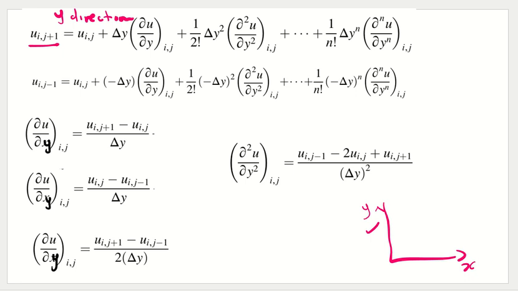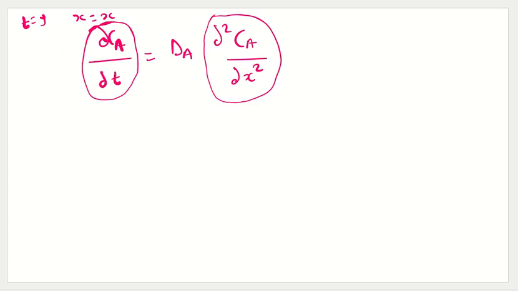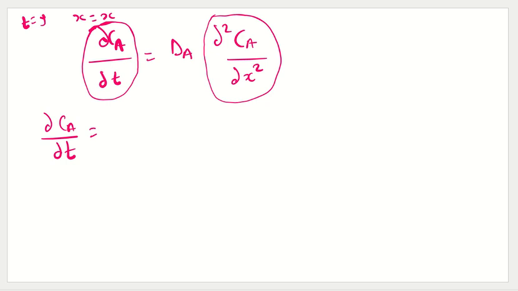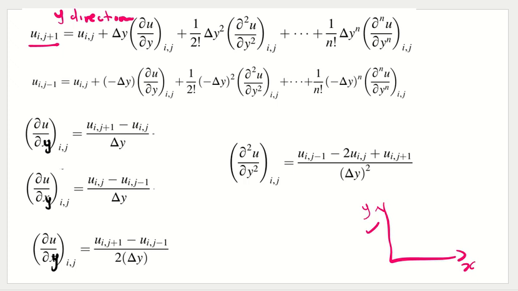You can go for any one, as I said, depending on the data you have, but any of them will work comfortably. So dCA/dt will now be represented as, let's look at the first one, CA i j plus 1 minus CA ij.